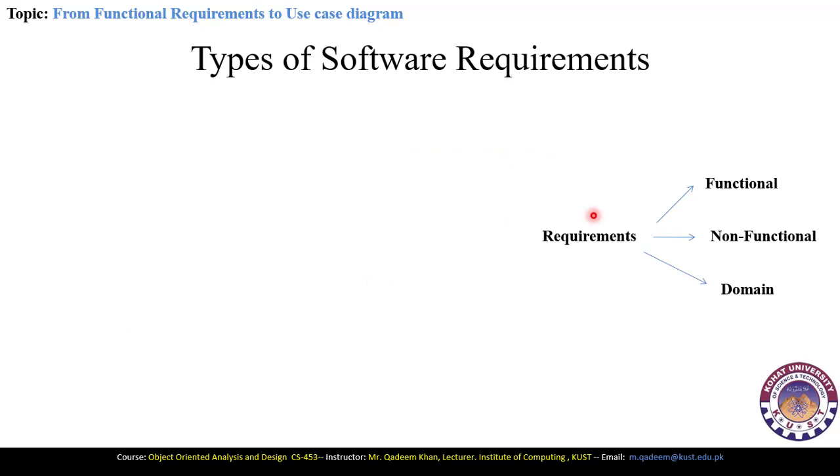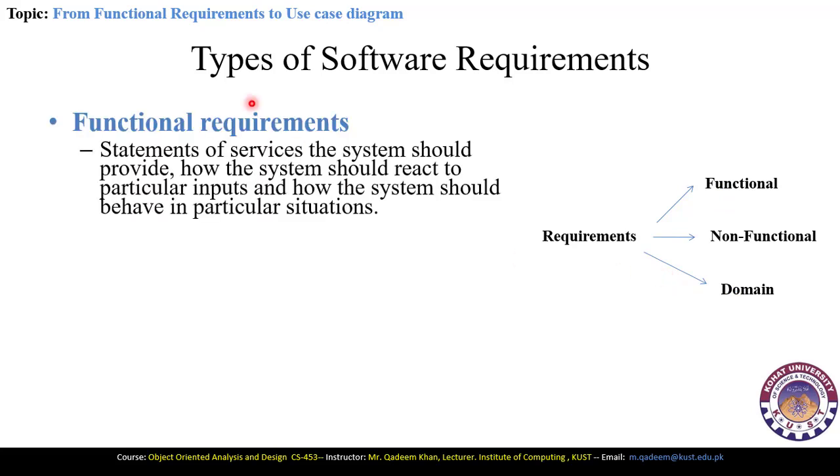Now there are three different subtypes of requirements. Number one, functional requirements. Functional requirements are the needs of the end users which the system must provide.